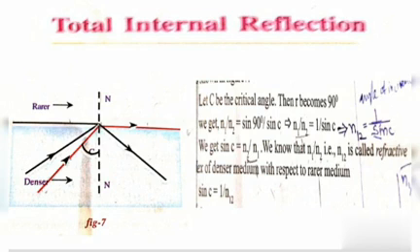So where do you find the refracted ray? Does it deviate from its path when it enters the rarer medium? No, you might have observed that it does not deviate. It follows the same path.